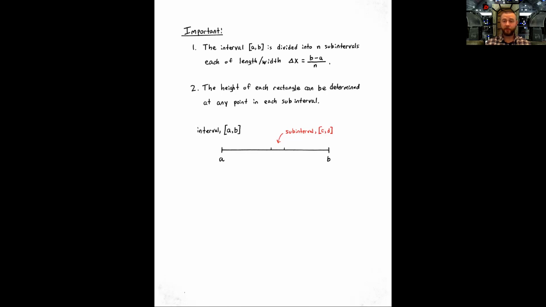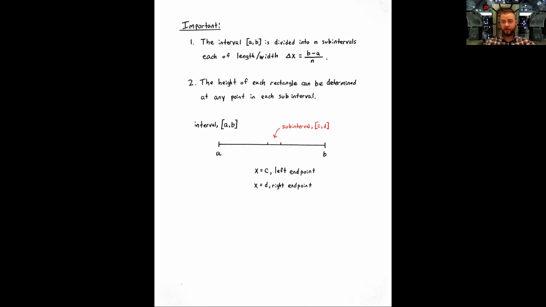Let's call that interval or subinterval c to d. Now there's some standard ways to do these approximations. For that subinterval, c to d, there's the left endpoint, which is c, and there's the right endpoint, d.